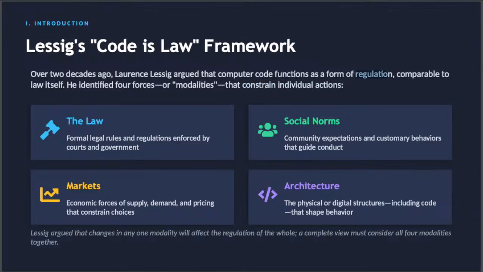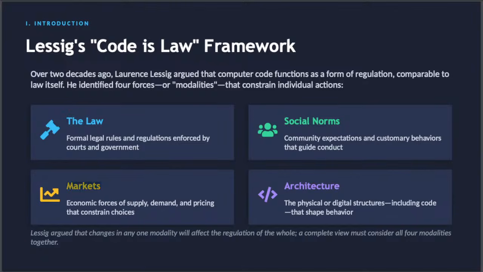So we think of regulations and laws, and these are constraining individual actions. Let's look at this, the law, the formal. What does formal mean? It follows a particular structured form. Legal rules and regulations enforced by courts and government. So we also have social norms, and that's our community expectations and customary behaviors that guide conduct, such as ethics and such.